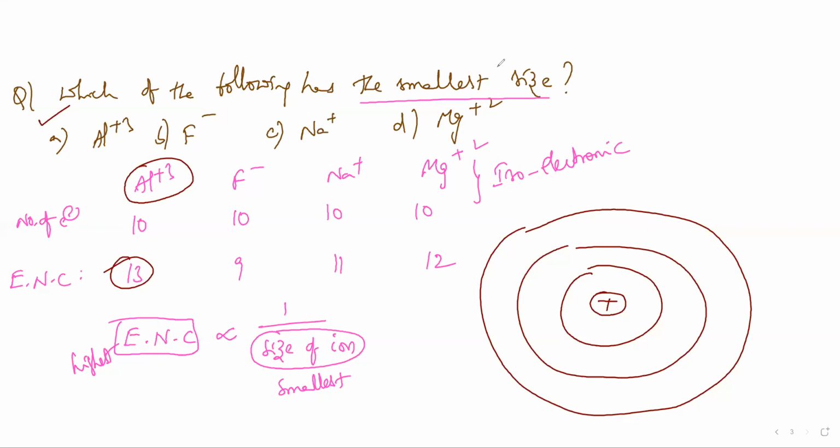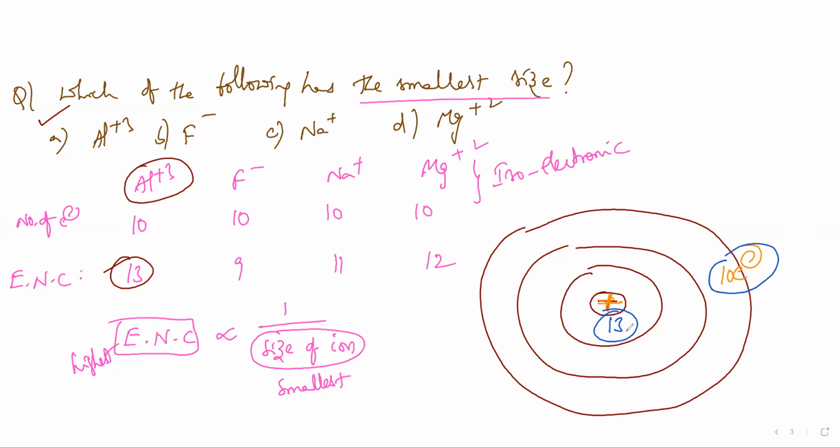Here we have 10 electrons. Here, how many protons are there? 13. So this is 13, this is 10. Now 13 protons, the strength is more than that of 10 electrons.